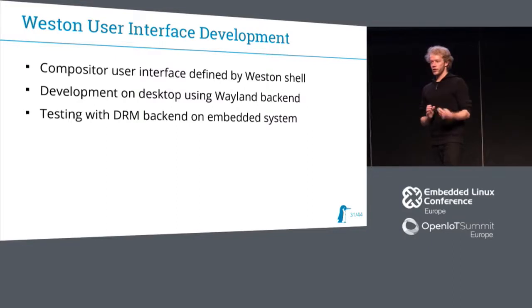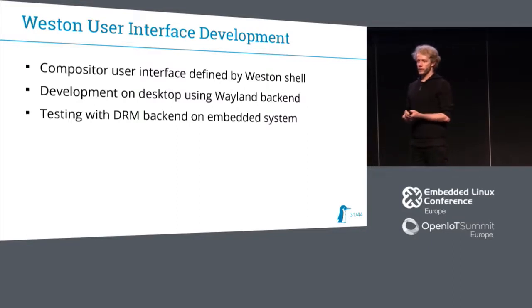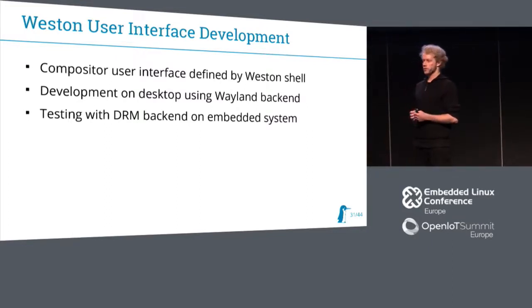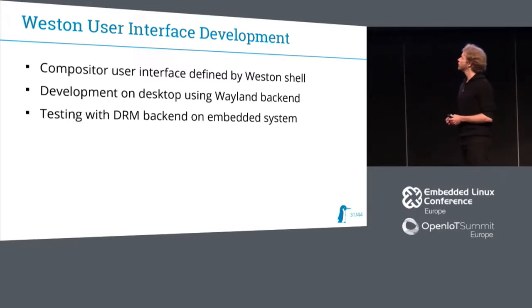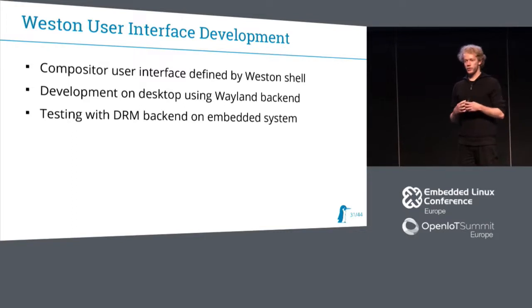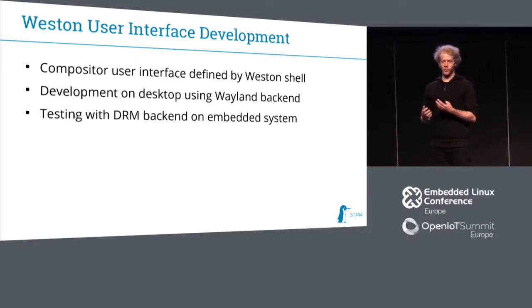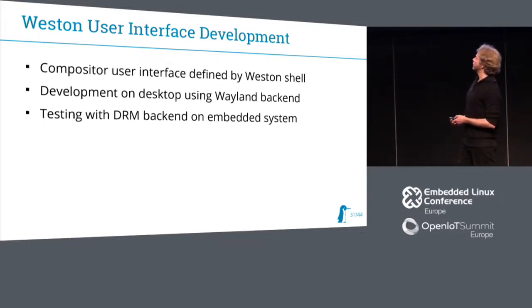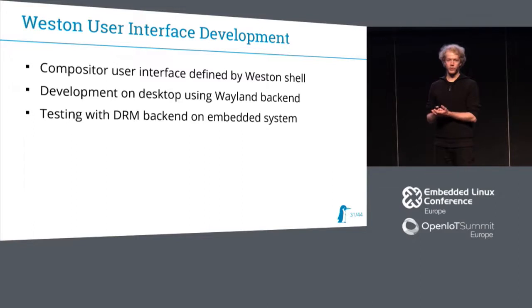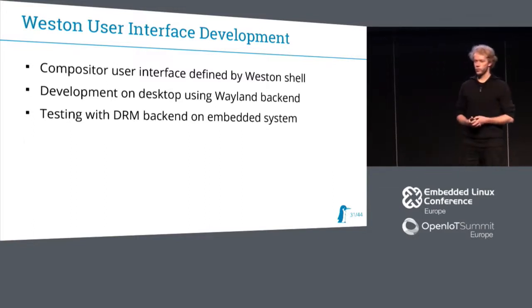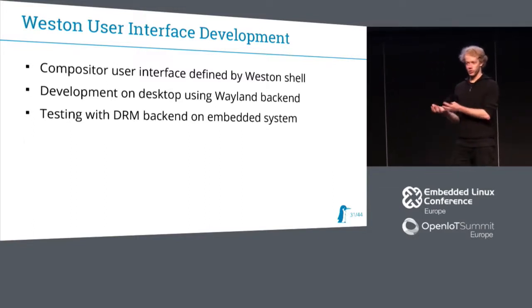If you replace the DRM backend by the Wayland backend, or if you're using an X-based system by the X11 backend, then you can develop this Weston shell on your desktop PC, which is again a point for user interface designers. And to actually test it, you have to run on your hardware and use the DRM backend for that. So you won't be able to test the DRM features on your desktop PC.